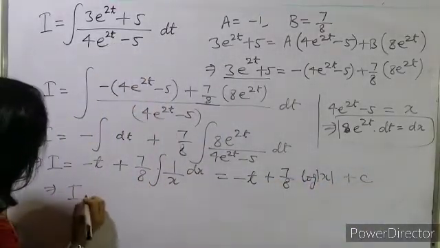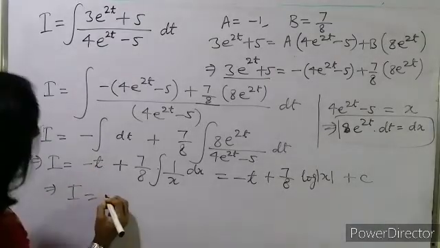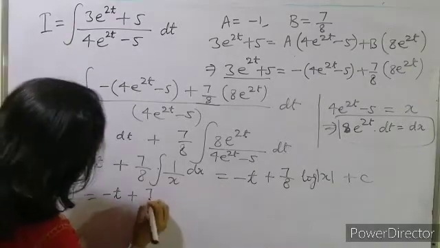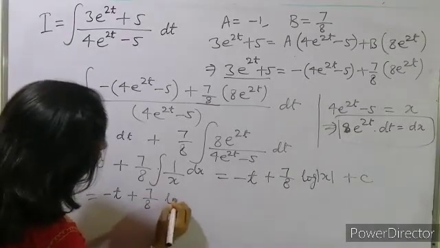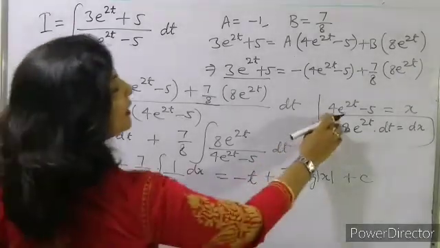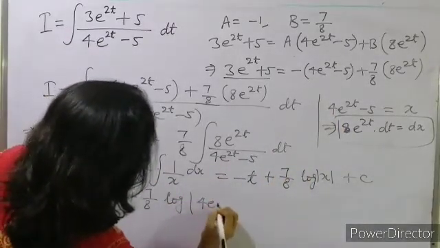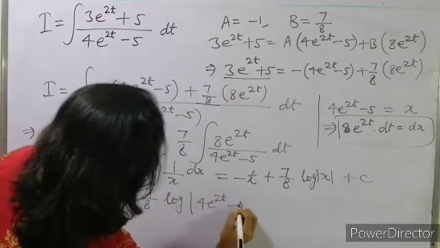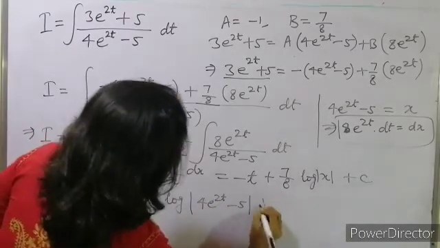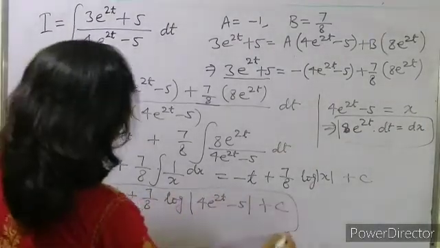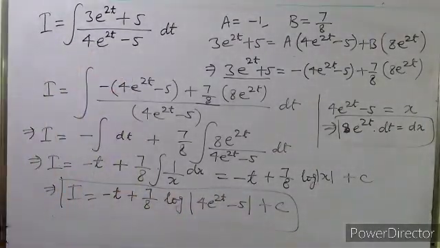So what will the value of I be? Minus t plus 7 upon 8 log of x, and now we'll put the value of x. What is the value of x? 4 e to the power 2t minus 5, and plus c. So this will be the integral of the given function with respect to t.